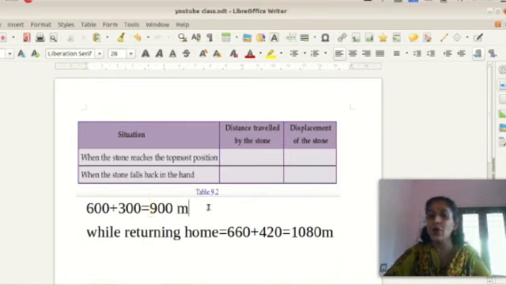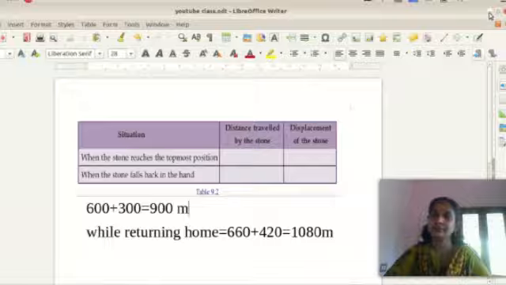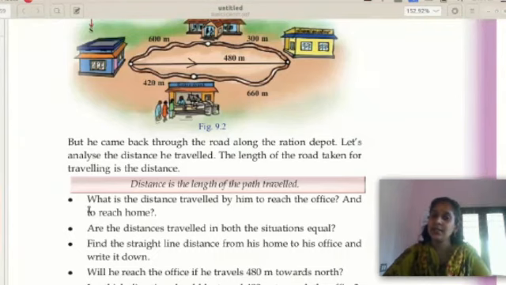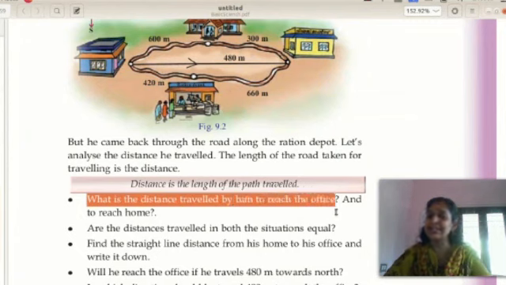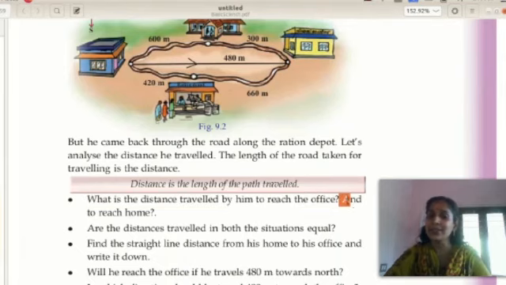While returning home, the total distance covered is equal to 1080 meters. So the answer to this question is, the distance traveled by him to reach the office is 900 meters, and to reach home is 1080 meters.